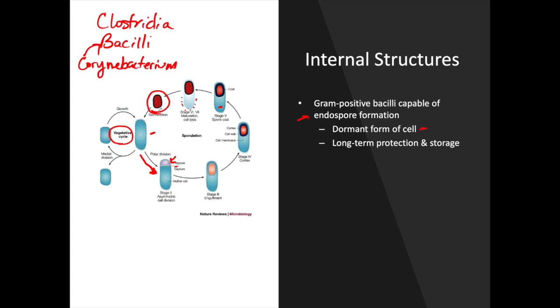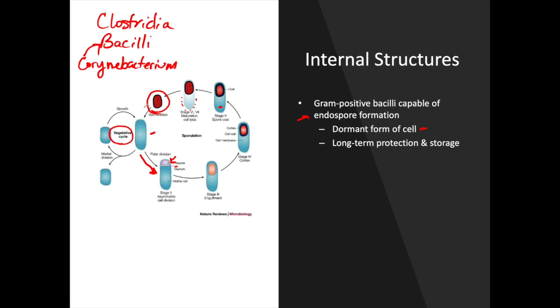Now this spore is a dormant form of the bacteria, and endospores in their spore form, what we call free spore form, can last for years. They're found in soil, in harsh environments, and they can last for an extremely long period of time. They can resist drought and loss of fluid or water for a long period of time. The cell is at its absolute bare minimum metabolism to even survive. But when times get good, think of them like a seed.